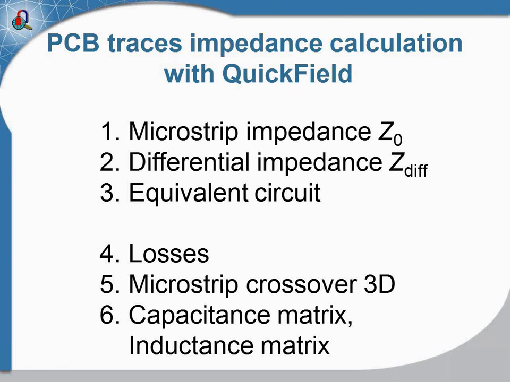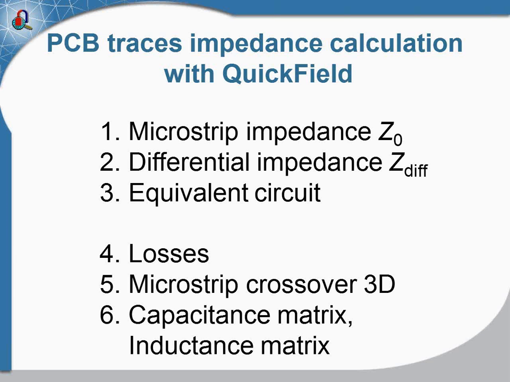In this webinar we will review 6 examples. The first example is the microstrip line, and we will calculate the impedance of this microstrip line. In the second example, we will calculate the differential impedance of the line that consists of a pair of conductors.